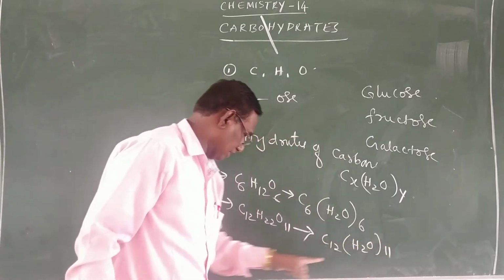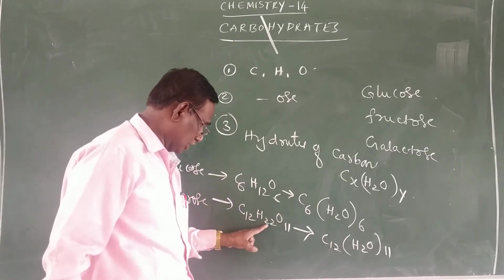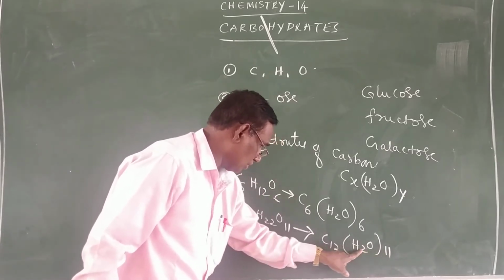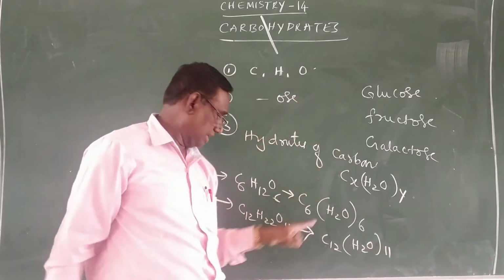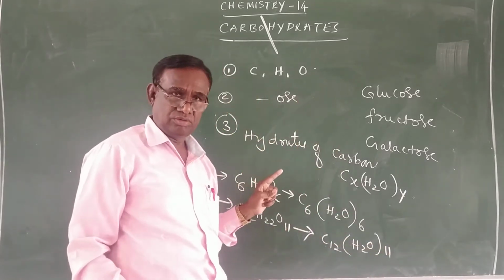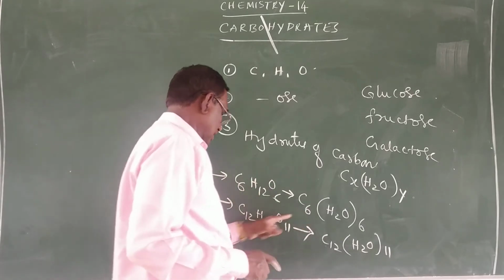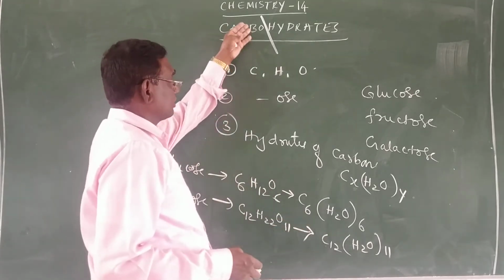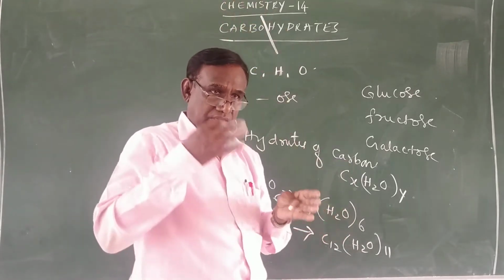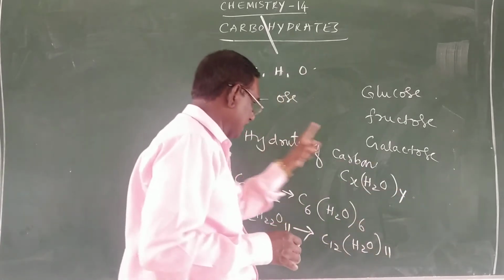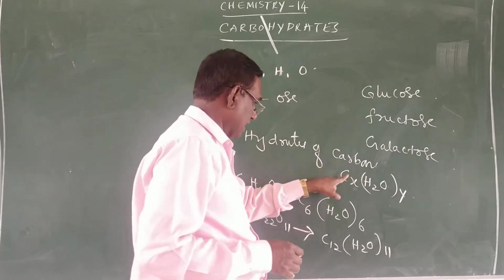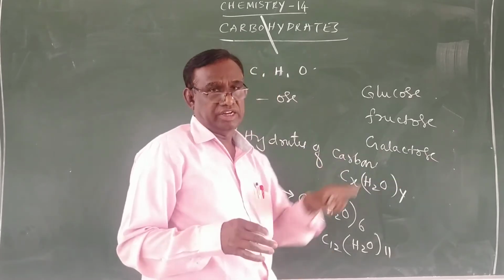C12, and then H22, that is 11 into 2 is 22, and O, 11 into 1 is 11. So all the carbohydrates fit the formula Cx(H2O)y, therefore they are called the hydrates of carbon.